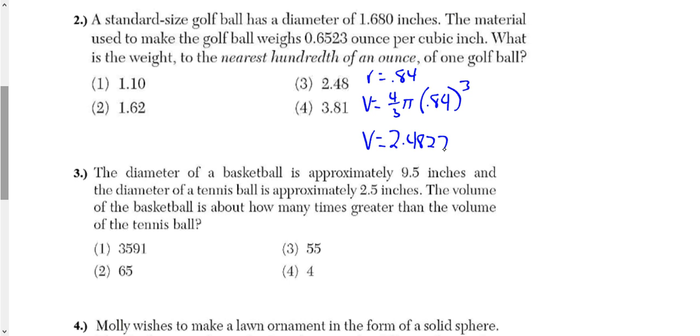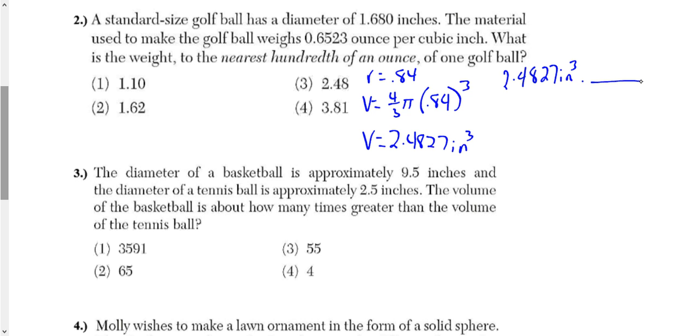Now, remember, this is inches cubed, right? So let's do our unit conversion. We want to cancel cubic inches, don't we? So 2.4827 inches cubed. What are we going to multiply it by? What ratio?